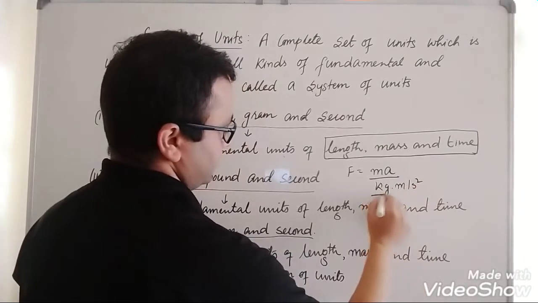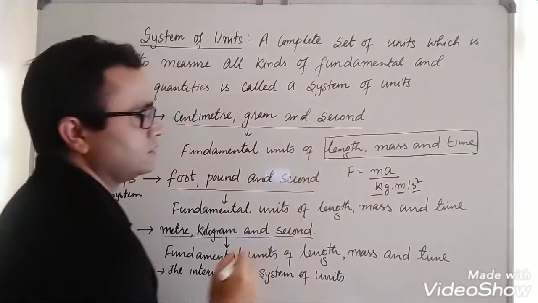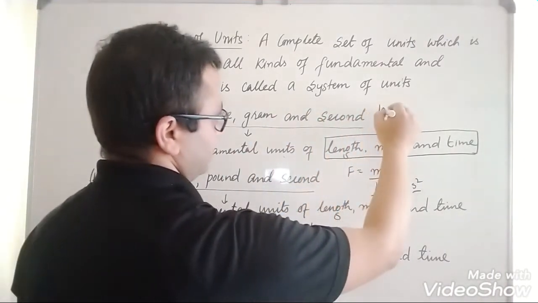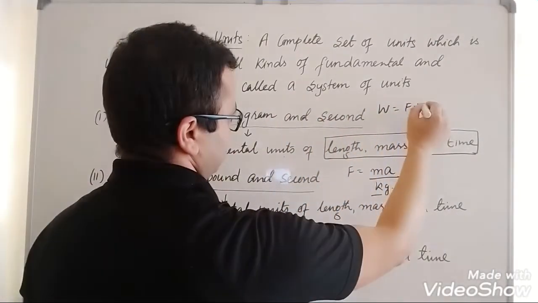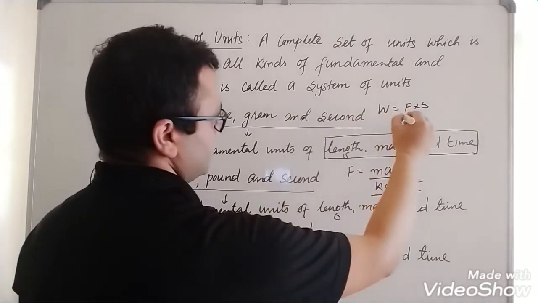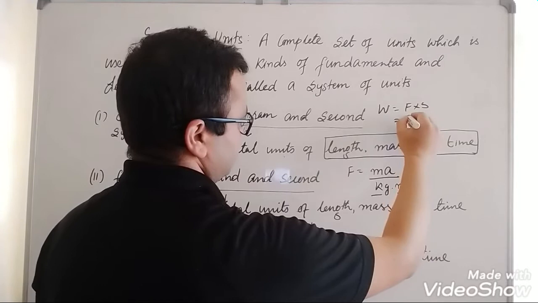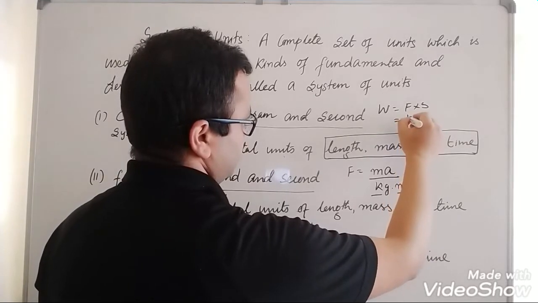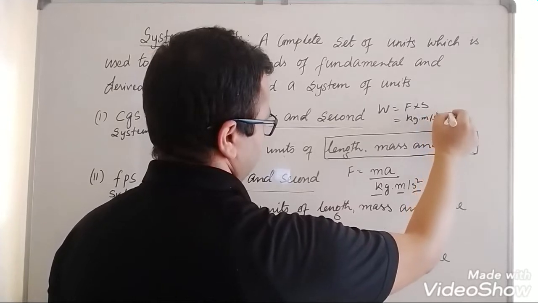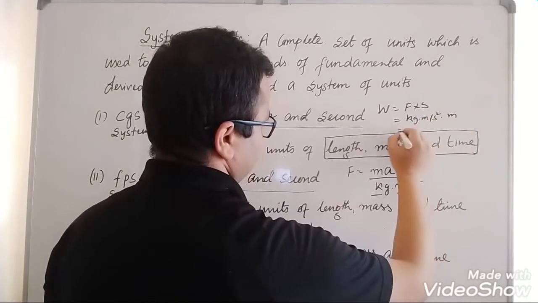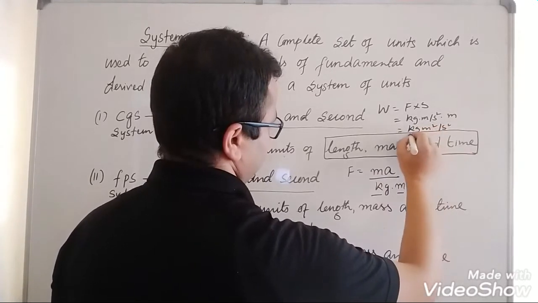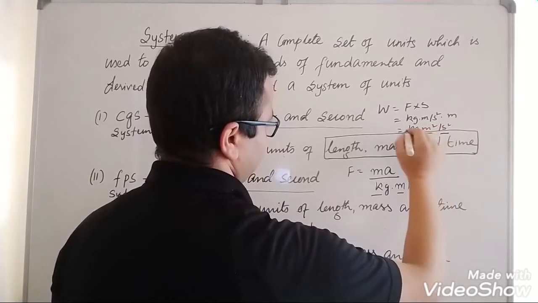So here is mass, length and time. Let's take another example. Work done is force into displacement. Force is kg meter per second square and displacement is meter. So this is kg meter square per second square. So this is mass, length and time.